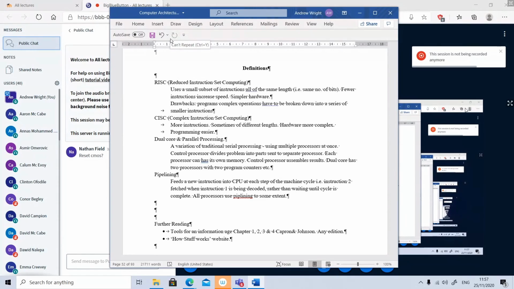The CMOS is the settings of the BIOS, and there are various settings: date, time, and also what order you want to look for devices for your operating system. So you might look at the CD-ROM or the USB drive first, and then look at the hard drive or the SSD. So they can be set by the general BIOS.